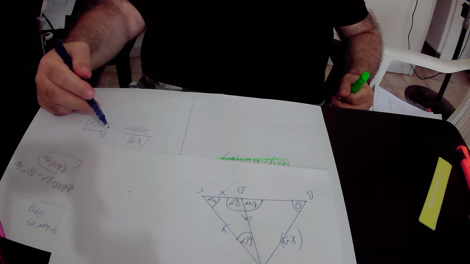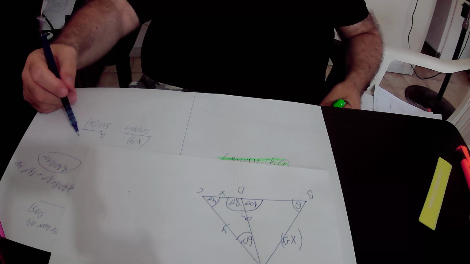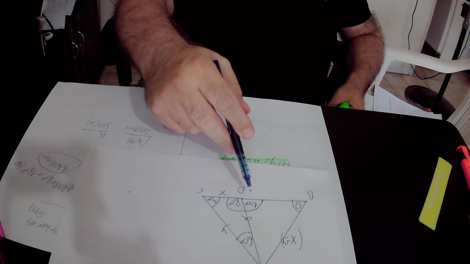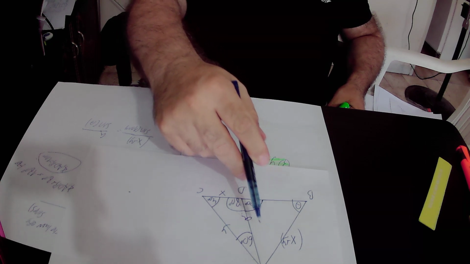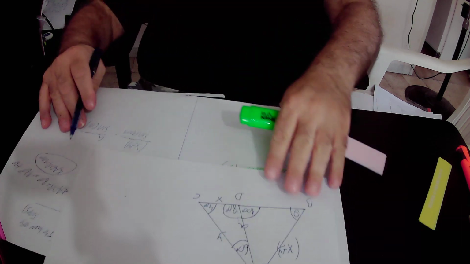This equation is the implementation of the law of sines in triangle ADB.